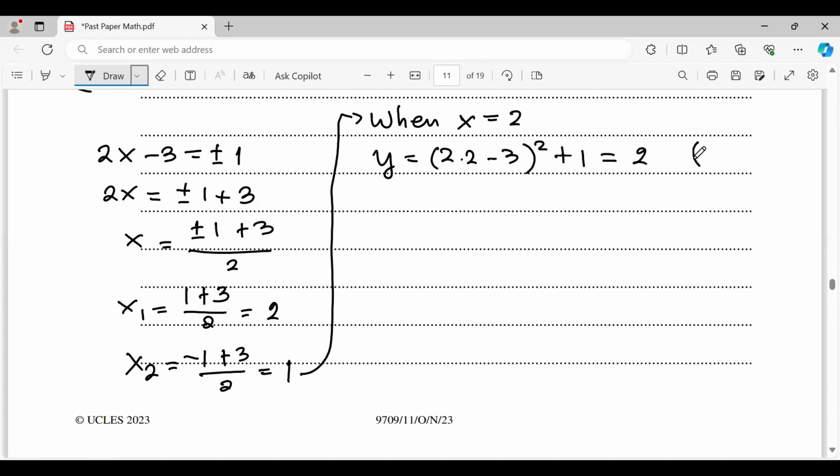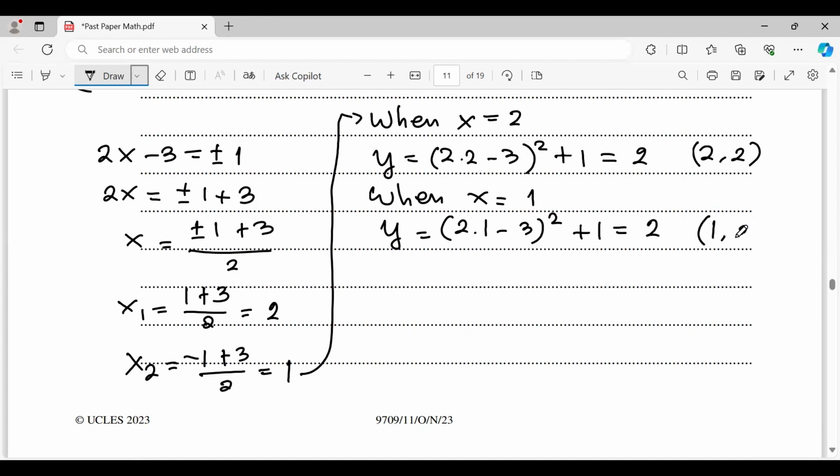So the coordinates are 2, 2. When x equals 1, y equals 2 times (1 minus 3) squared plus 1, 2 as well. So the coordinate point is 1, 2.